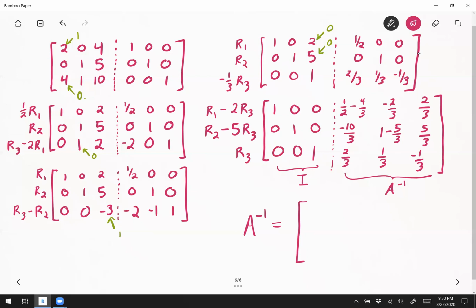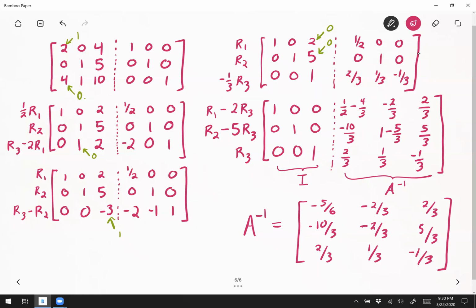That's 3 minus 8, negative 5/6, then negative 2/3, 2/3. Then minus 10/3. So I've got 3/3 minus 5/3. That's negative 2/3, 5/3. Everything else seems pretty straightforward.